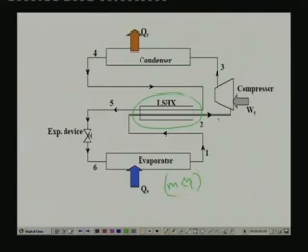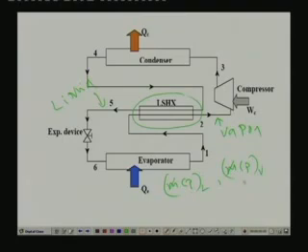On one side you have vapor, on the other side you have liquid, and the mass flow rates are same. So, you have MCP of liquid, which is the hot stream, and MCP of vapor, which is the cold stream, and mass flow rate is same because the same mass is flowing throughout the circuit.